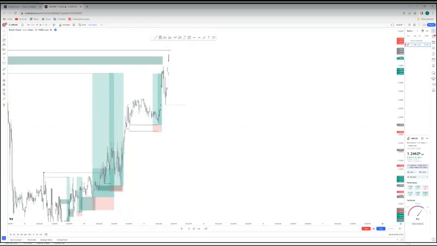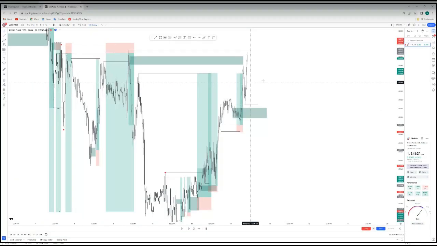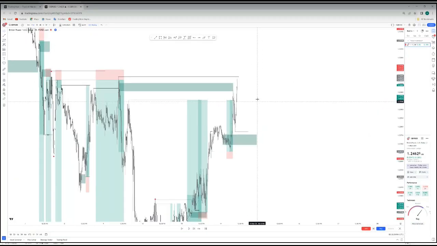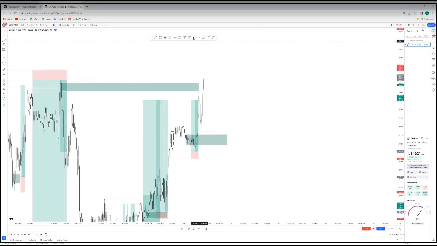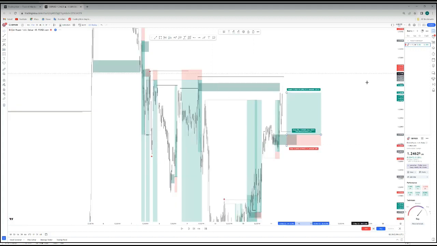So, as for me, I'll be buying from here. And then now I can aim higher to that very high, the weak high.